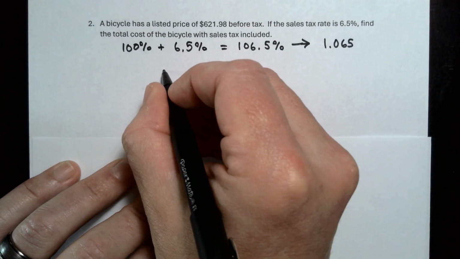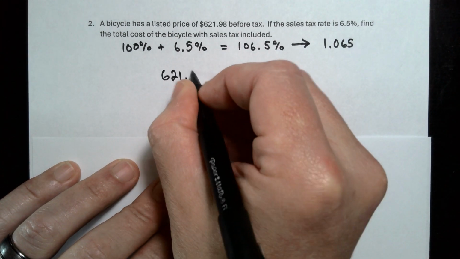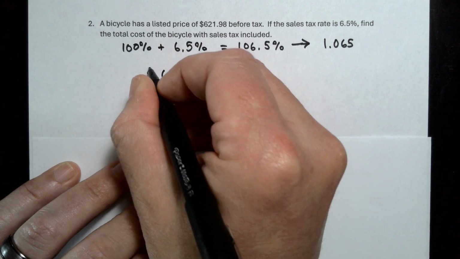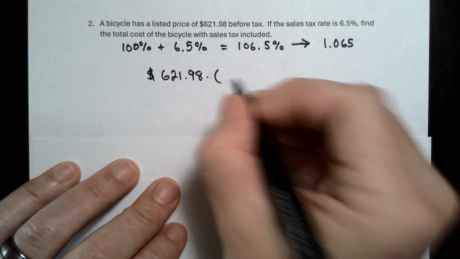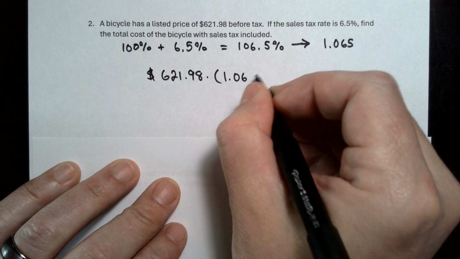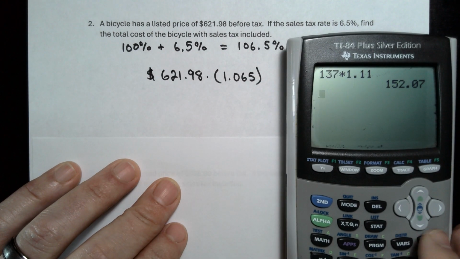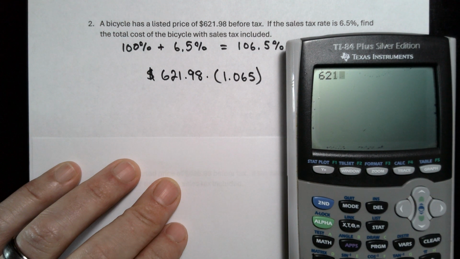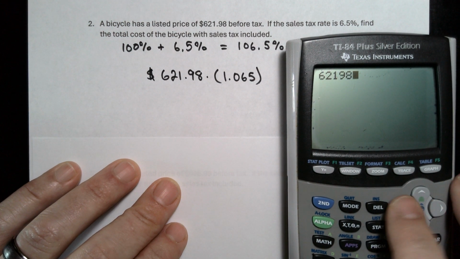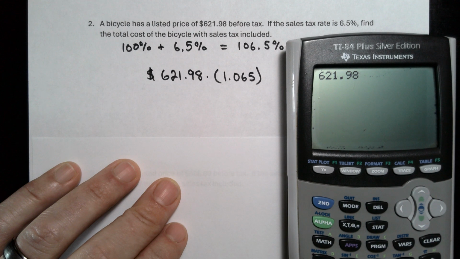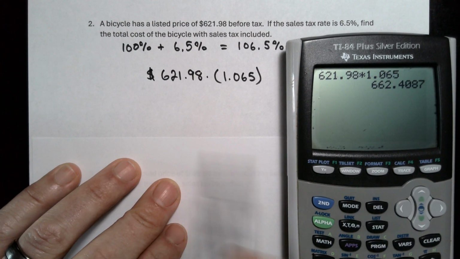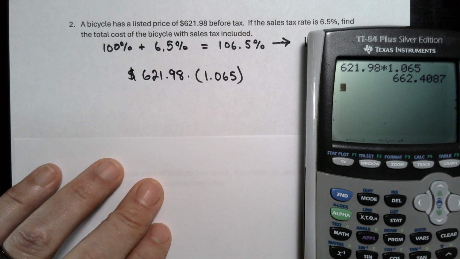That's the decimal we're going to multiply by. So I take the $621.98 and multiply it by 1.065. When I do that, I'm going to have to worry about rounding.